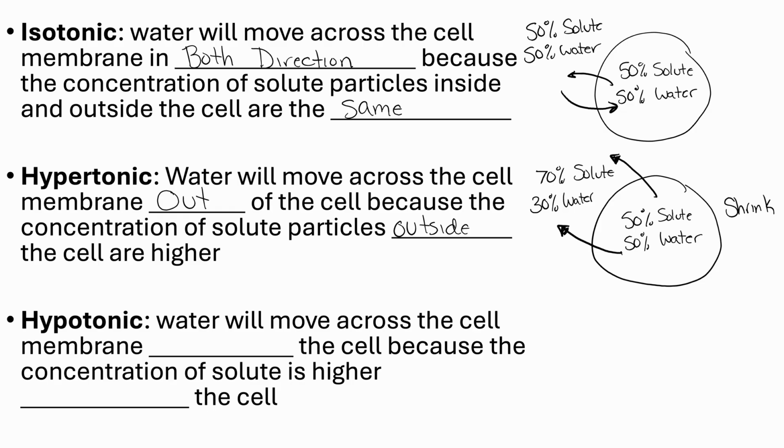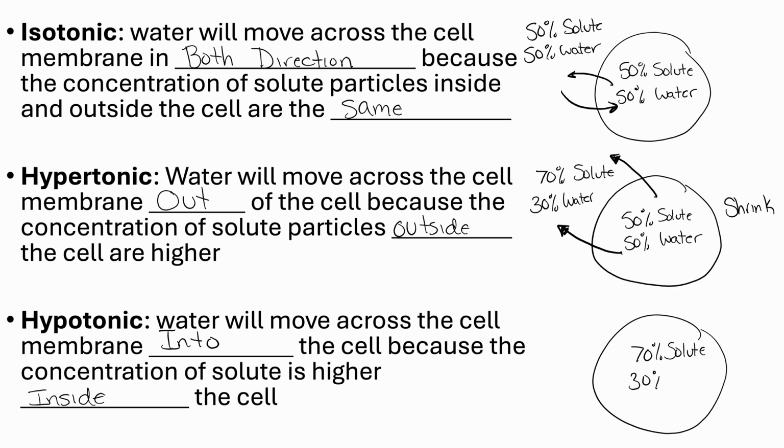So the last one we have is hypotonic, and this is where water will move across the cell membrane into the cell because the concentration of solute is higher inside than it is outside the cell. So in this case, our cell is going to get bigger. So now we have a higher concentration of solute in the cell, which means lower water.